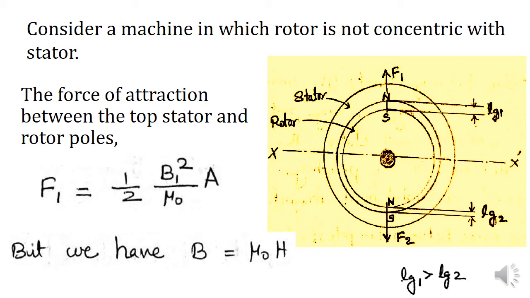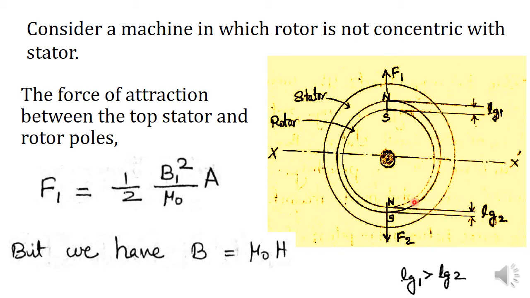Now let's consider a machine in which the rotor is not concentric with the stator. The force of attraction between the top stator and rotor poles is given by F1 is equal to half B1 square by mu 0 into A. This equation we have already derived in the previous section. Here we can see that this is a machine with the stator not concentric with the rotor.